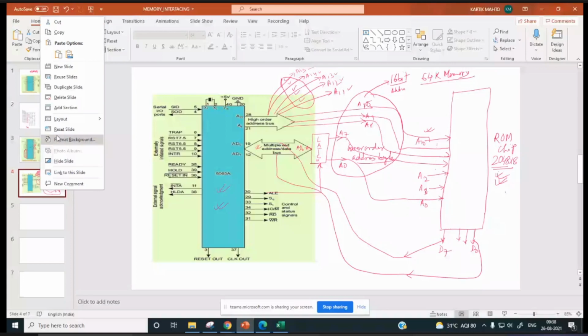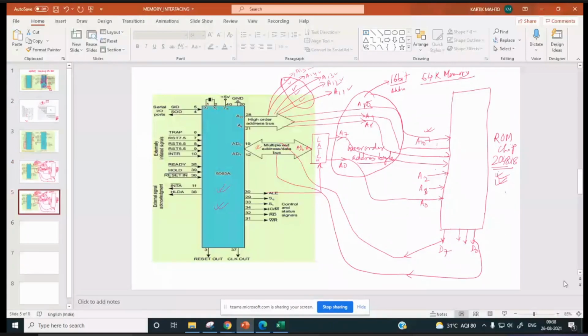Then what will happen? This D0 to D7 will be connected to this. Similar type of connection will be there. But now data will be going into the memory chip also, so this will be bidirectional. Earlier in ROM it was unidirectional, it was coming out of the chip.